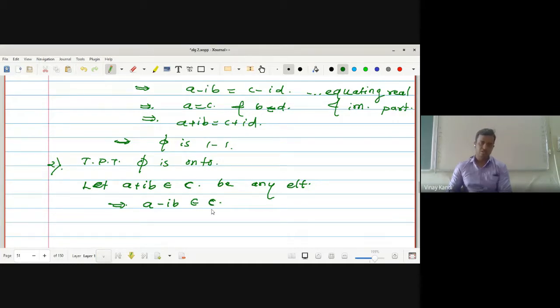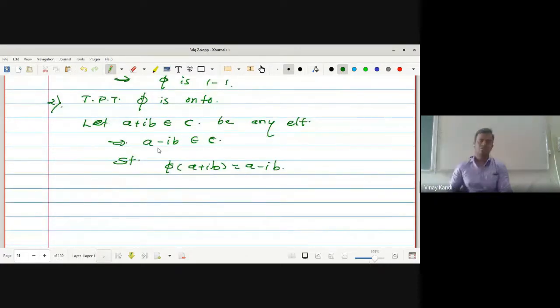Because C is a field. So there exists a plus ib belonging to C such that phi of a plus ib is equal to a minus ib.